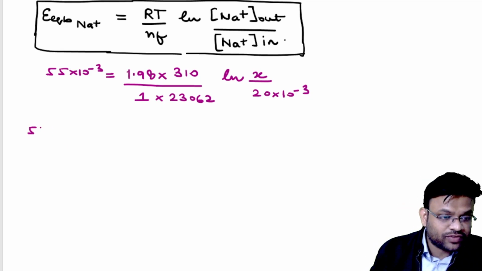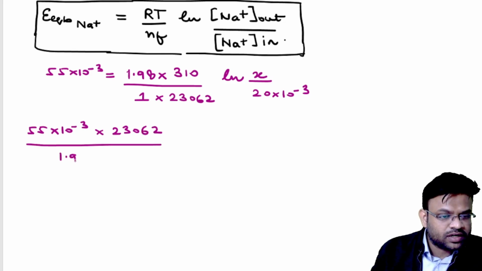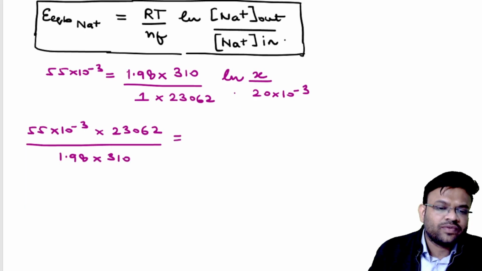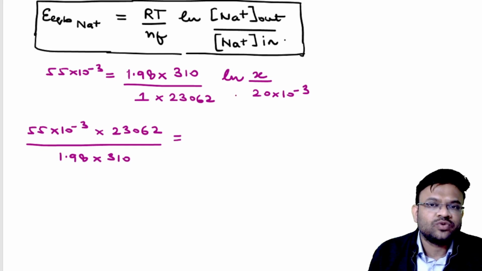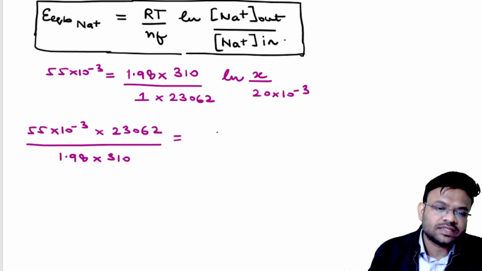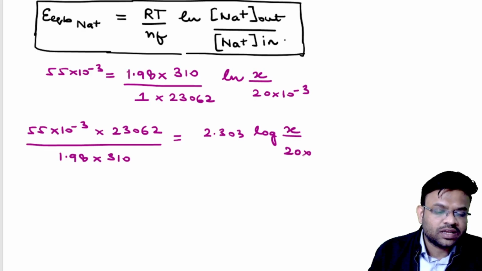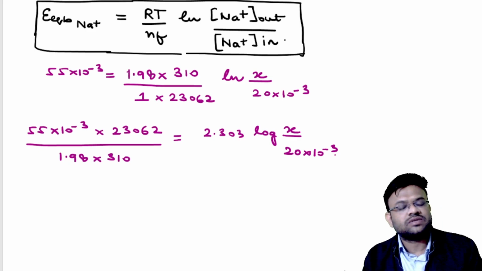So if I solve it, 55 into 10 to the power minus 3 into 23062 upon 1.98 into 310 is equal to, if I want to convert natural log into log base 10, I can multiply by 2.303. That is the same thing I am doing. So 2.303 times log base 10 of X upon 20 into 10 to the power minus 3. Now this is what we get.